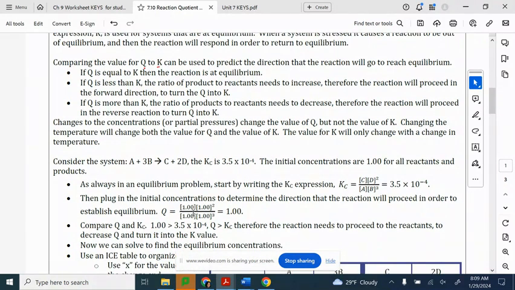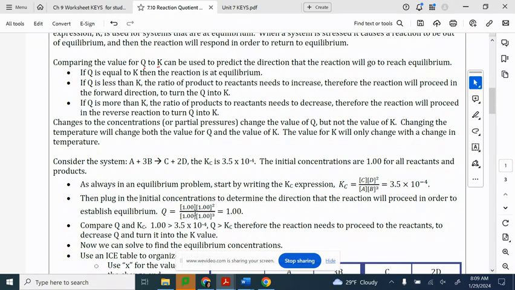We can also look at something called Q. We talked briefly about this several notes before. I think it was maybe 7.4. I'd have to look at that. But Q is going to give you a snapshot anywhere in equilibrium.